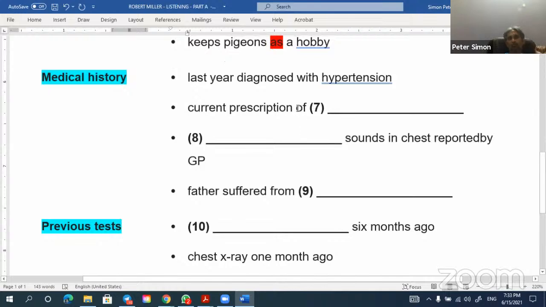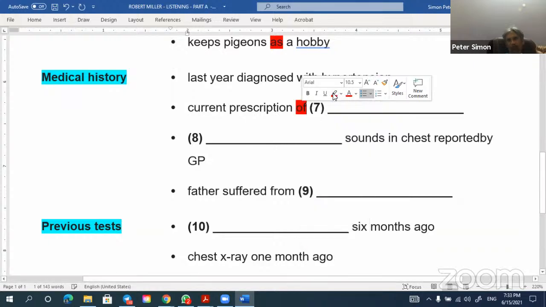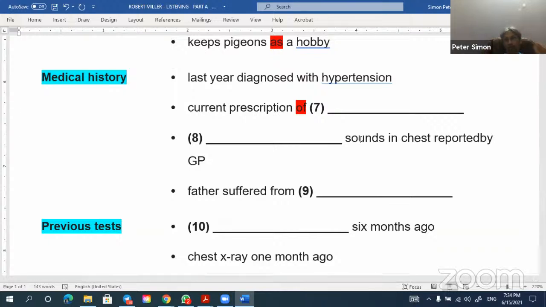The next one here. The word is "of." I am going to give you the importance of minute words now. "Of" is a preposition.